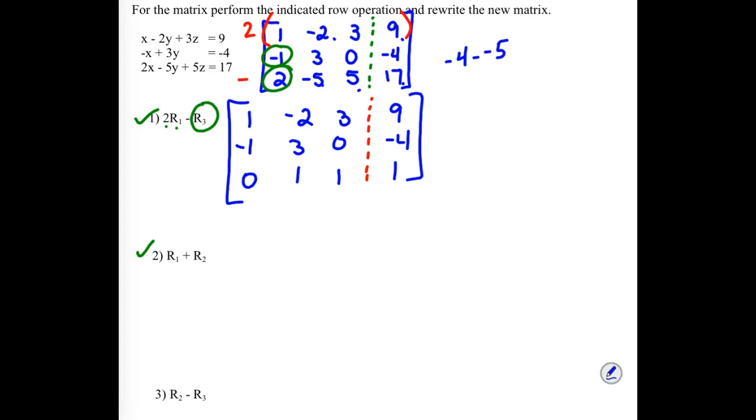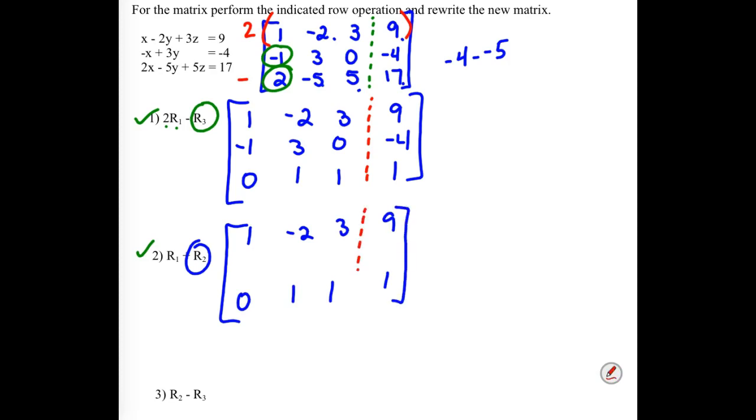Our next step, we're going to add rows 1 and 2. Which row are we changing? Row 2. So I'm going to write row 1 and row 3 down. I'm going to alter row 2.